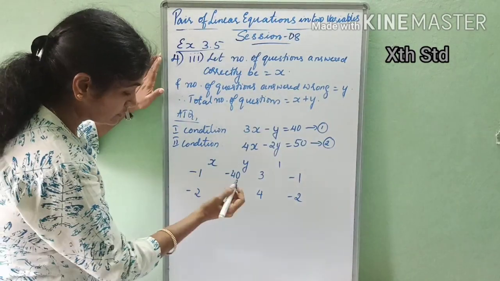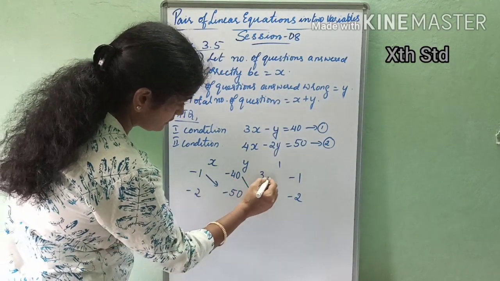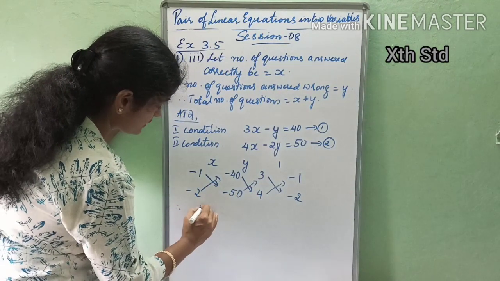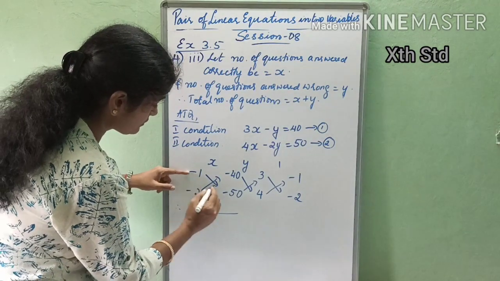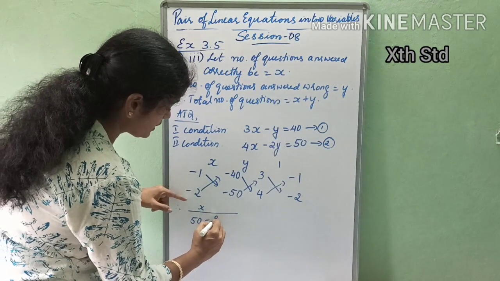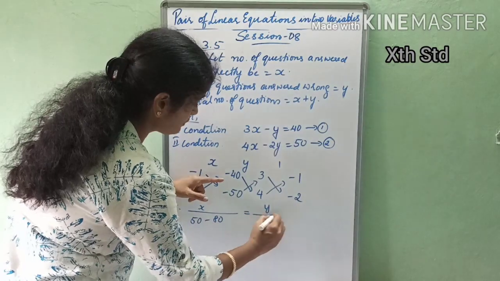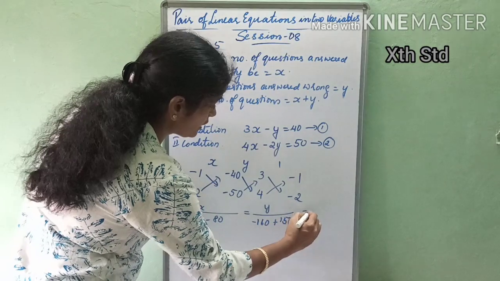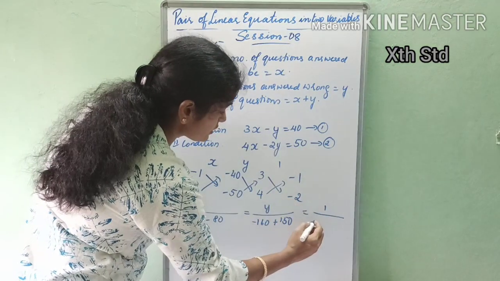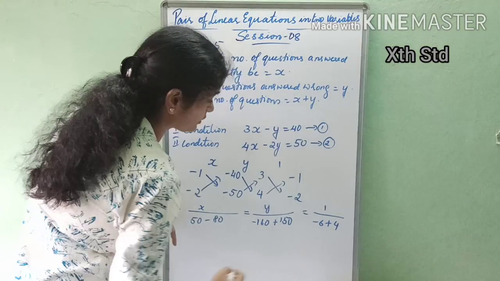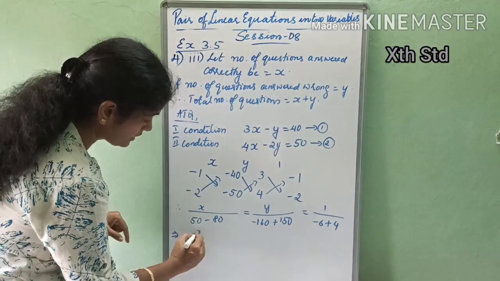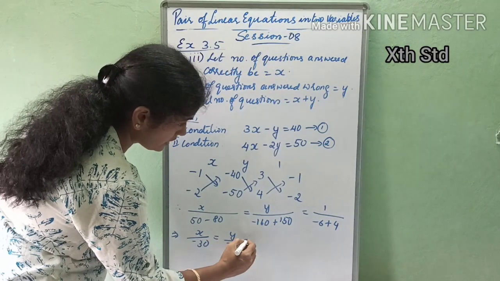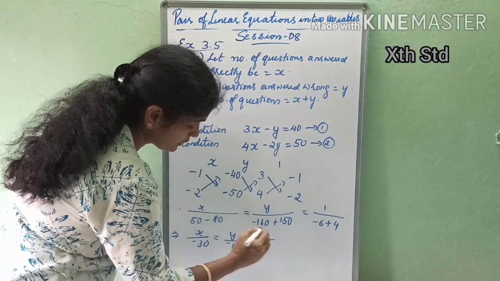Now with these arrows, x upon 50 minus 80 is equal to y by minus 160 plus 150 equal to 1 by 3 into this minus 6 plus 4. Right? So this will be x by minus 30 equal to y by minus 10 equal to 1 by minus 2.